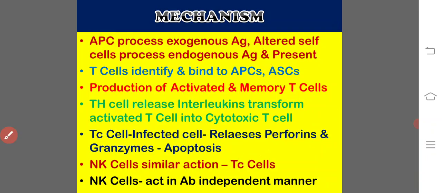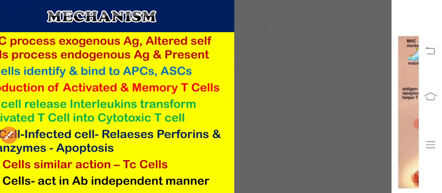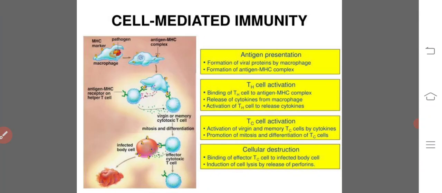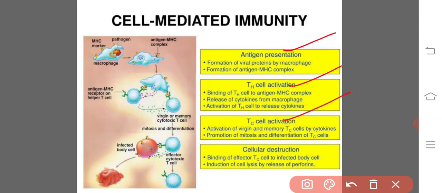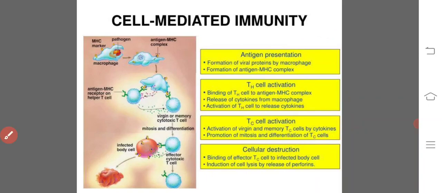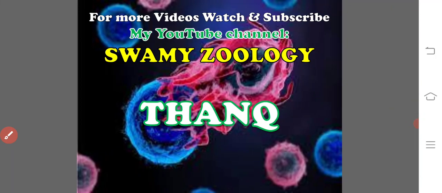This is all the mechanism of the T cell mediated immunity or cell mediated immunity. Here, in the first step, there is antigen presentation and T helper cell activation, cytotoxic T lymphocyte activation, and cell destruction, otherwise the destruction of the infected cell is achieved. This is all about cell mediated immunity and the steps involved in it.